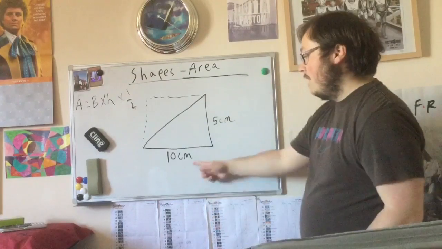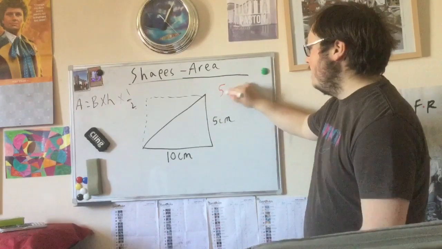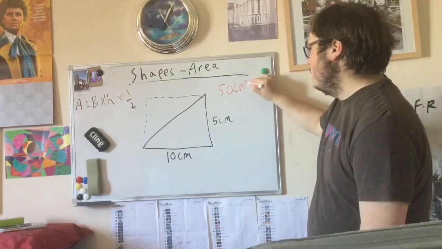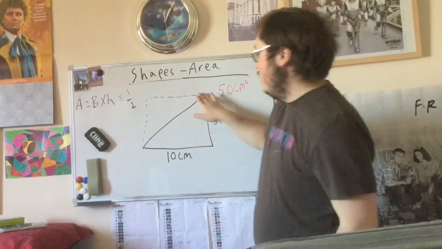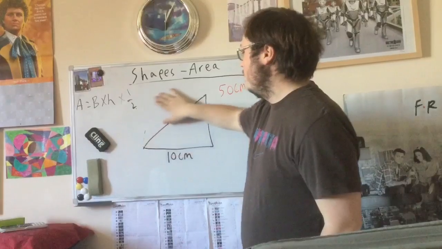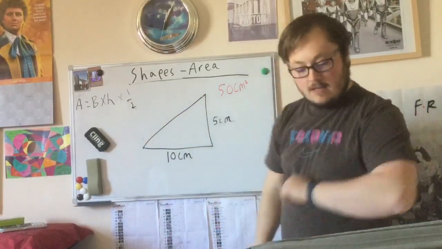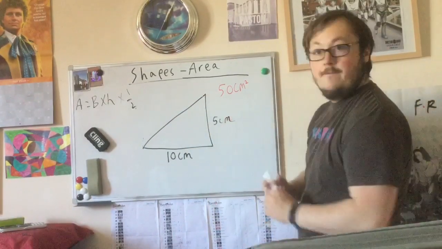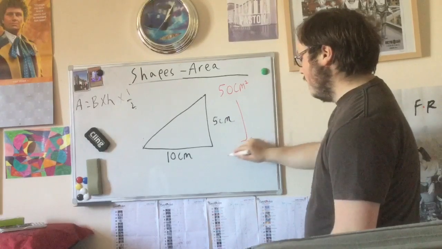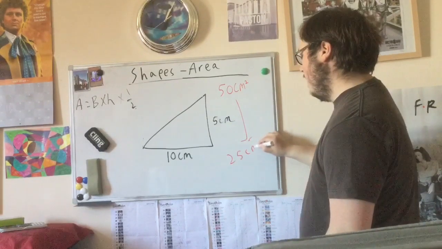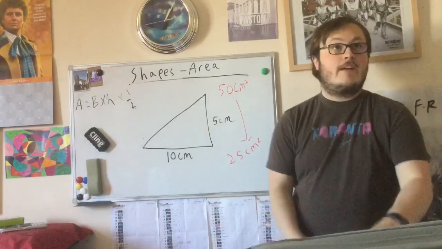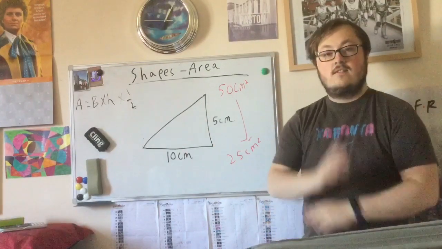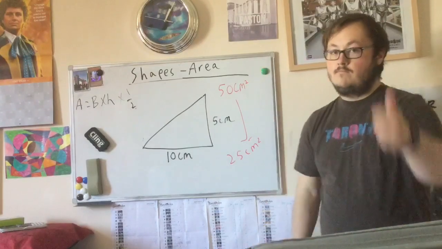So we do 5 times 10, which gets us 50 centimetres squared. But then I remind myself that it definitely is not a four-sided shape. This bit was only there to help reinforce the theory. Rub it out, we've now cut it back in half, so we halve our 50 centimetres squared, and that becomes 25 centimetres squared. And that is the area of this triangle. It's the base times the height halved.